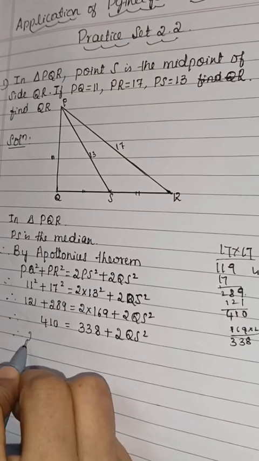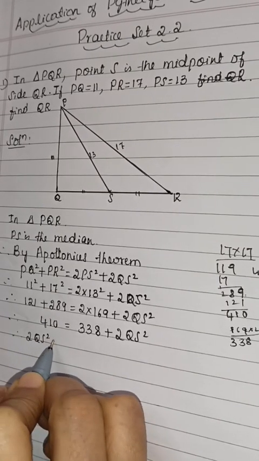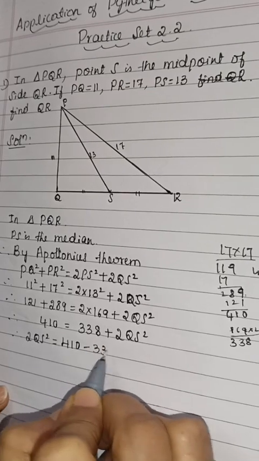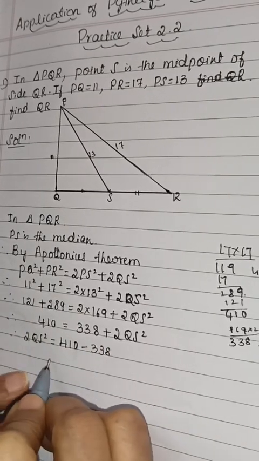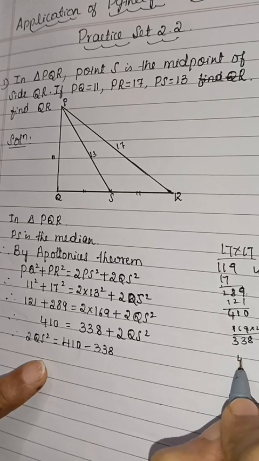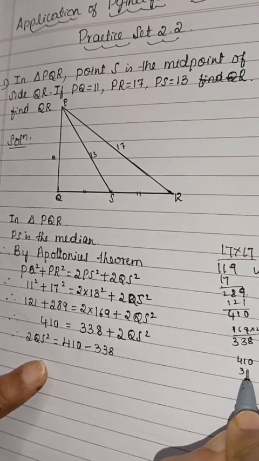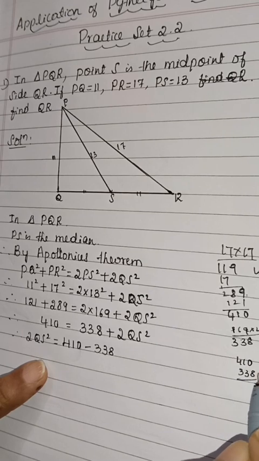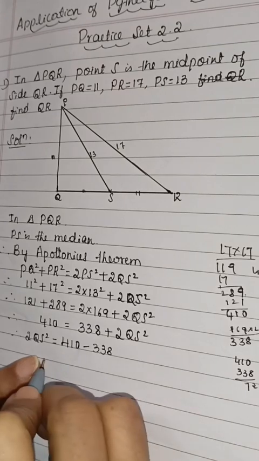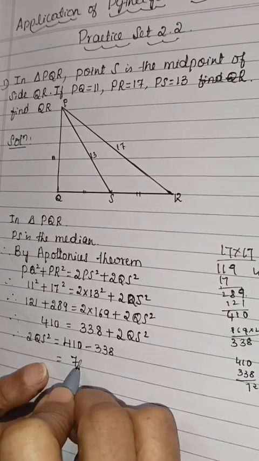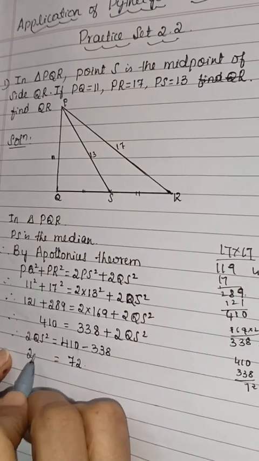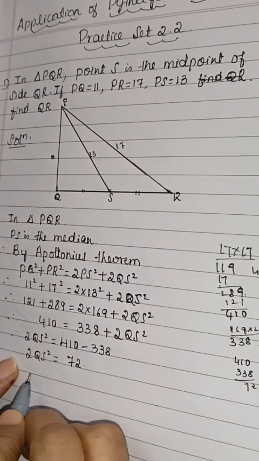Therefore 2QS square equal to 410 minus 338. We have to minus it now. So 410 minus 338 is 72. This is 2QS square is 72.